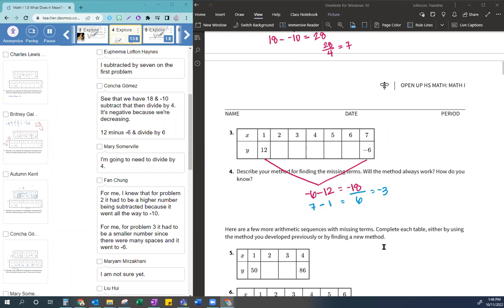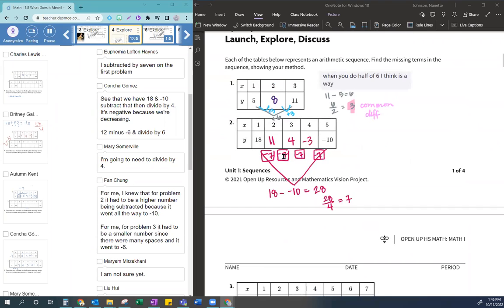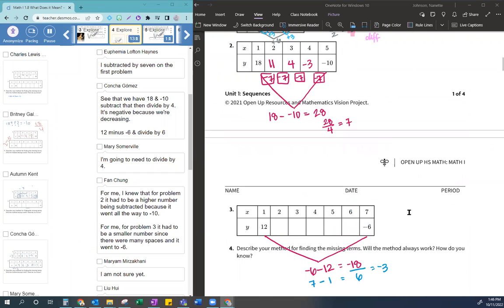Wait a second. Why does that make so much sense? Oh my goodness. That makes so much sense why we would be finding slope here. Why does that make so much sense, y'all? Yes, because that's the common difference.